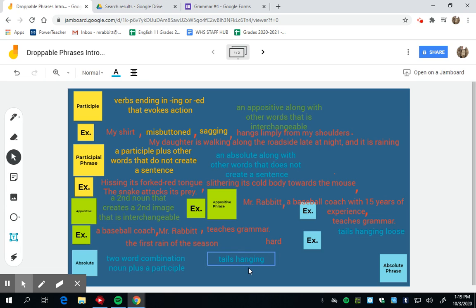All right, so we're going to use that sentence up here that I'm going to pull down here, and I'm going to put my shirt, tails hanging, and we're going to need 2 commas for this. Let's go title, make that larger. Let's duplicate that. Let's put one right there. Let's put another one right here. Right, my shirt, tails hanging.